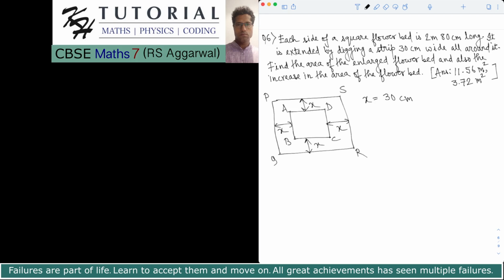So the answer is given in meter square. Let's do all the calculation in centimeter square. Let's find all the areas in centimeter square, then we will convert them to meter square.